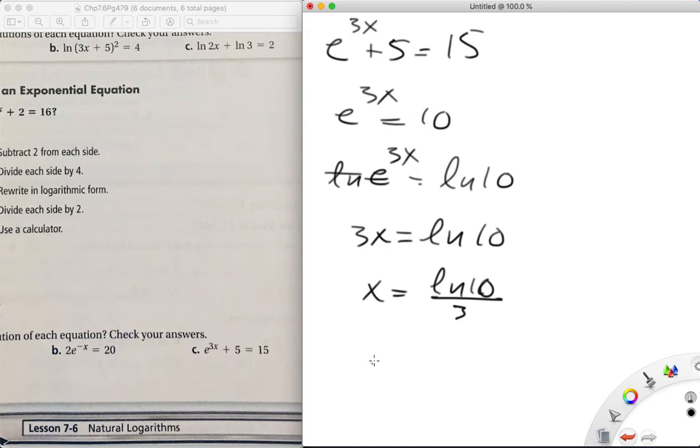I get x is equal to 0.768. It works. Okay.